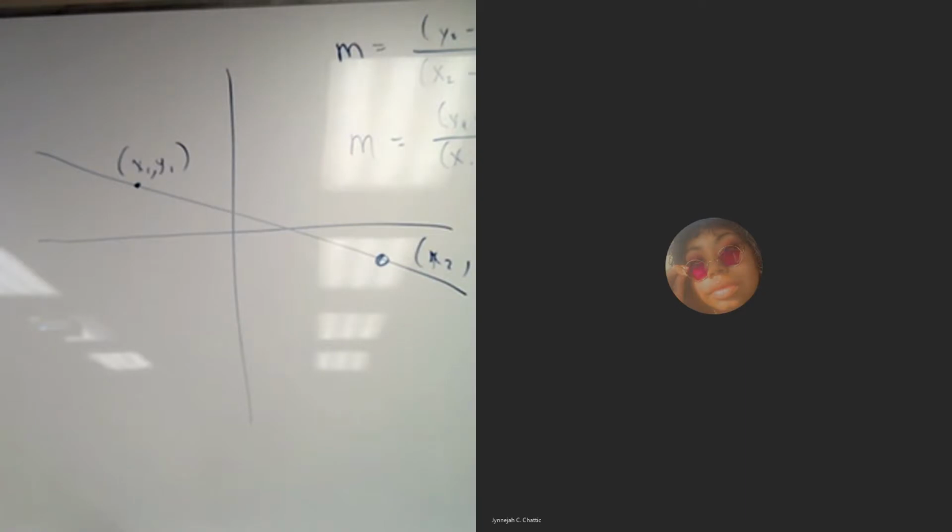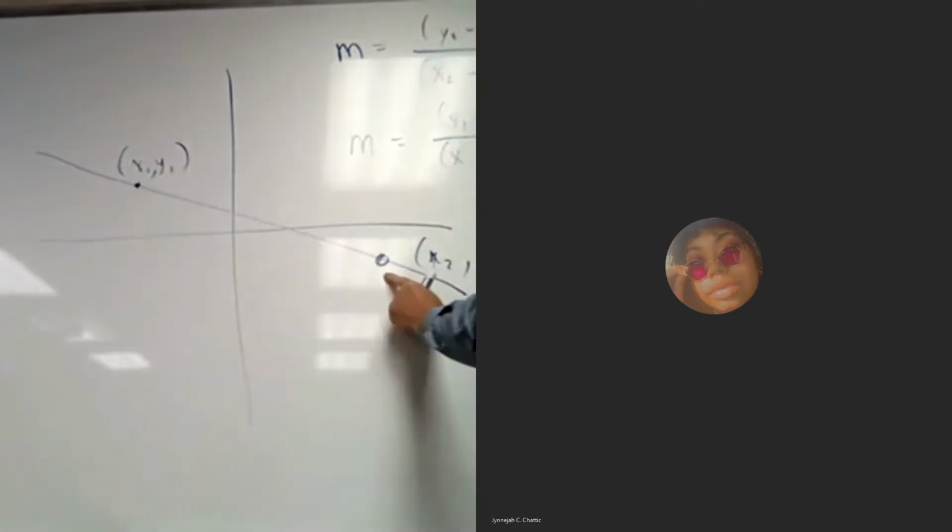I will get the same slope. But what's important is if I start with Y1 here, I have to have X1 here on the bottom. So it doesn't matter whether or not one point is over here. You don't have to start with this point, or you don't have to start with this point. The important thing is you do the same order.